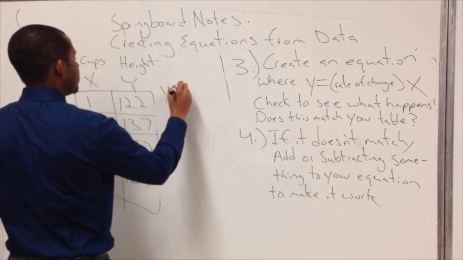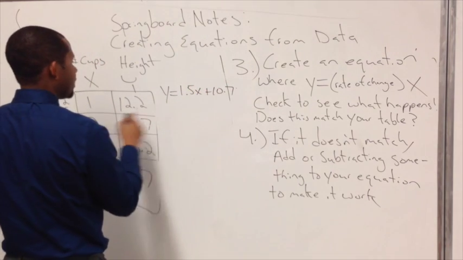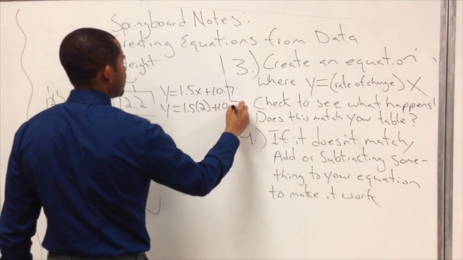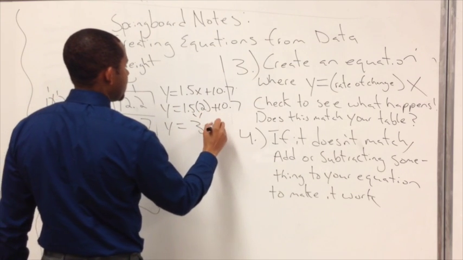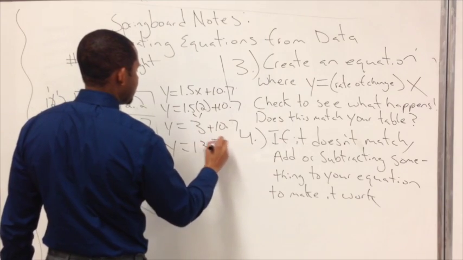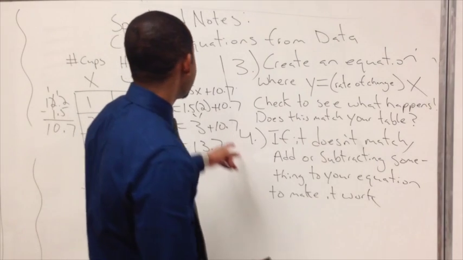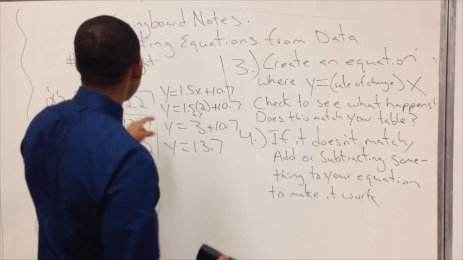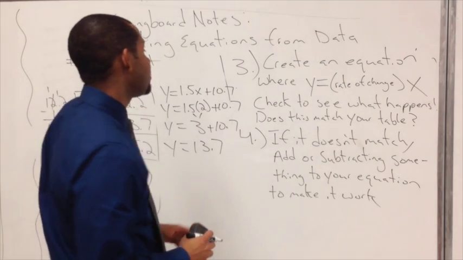I get y equals 1.5x plus 10.7, and now I plug a 2 in. Y equals 1.5 times 2 plus 10.7. So y equals 1.5 times 2 is 3 plus 10.7. So y equals 13.7. It now works. So I saw that my rate of change was right, but I just needed to push everything up. I needed to add something to it to get to that 12.2 and that 13.7. So that's what I ended up doing there.